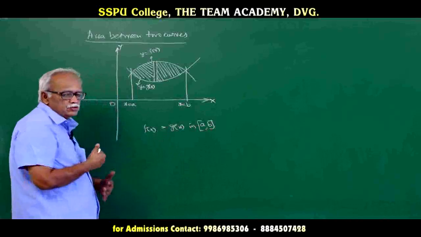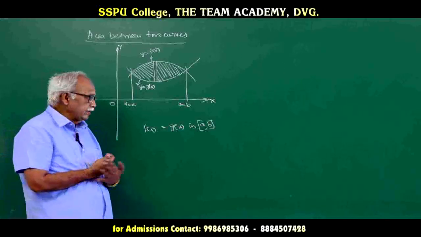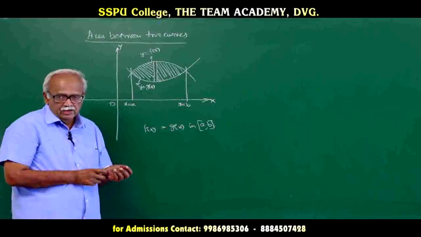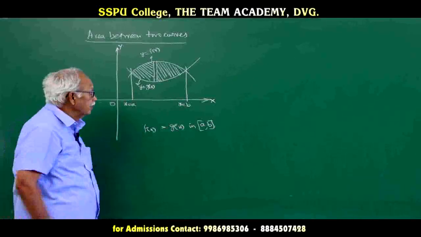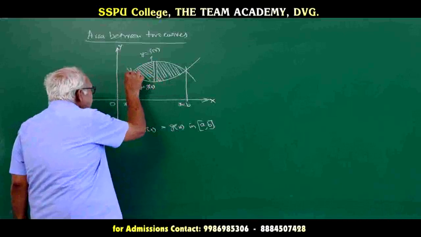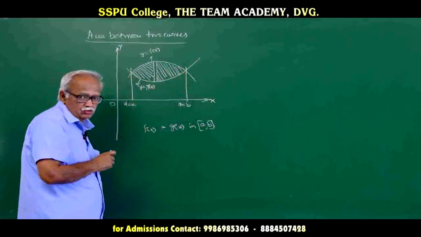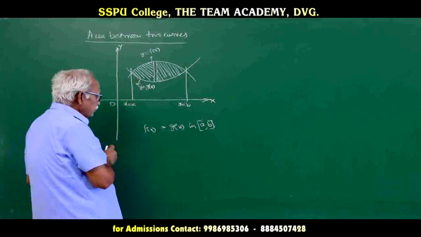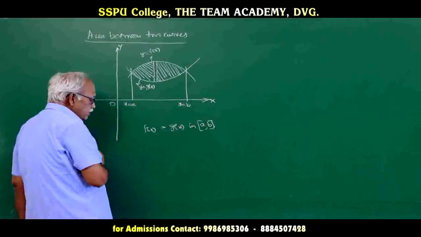So, if we are given two curves, first we have to find this a and b. What are a and b? They are the points of intersection between these two curves.